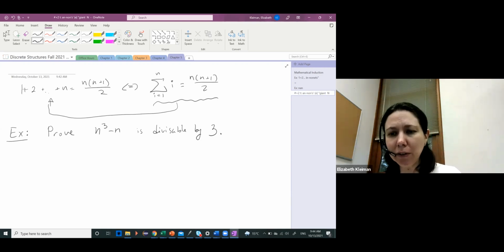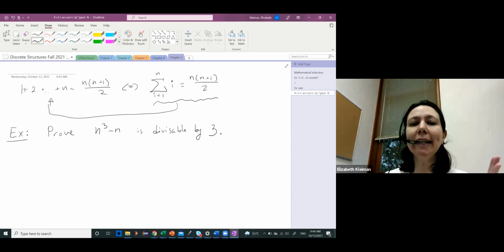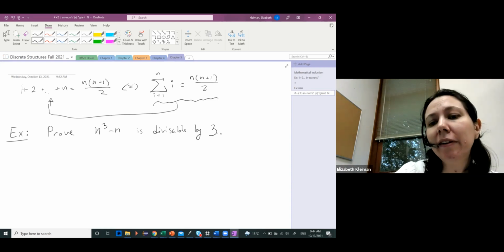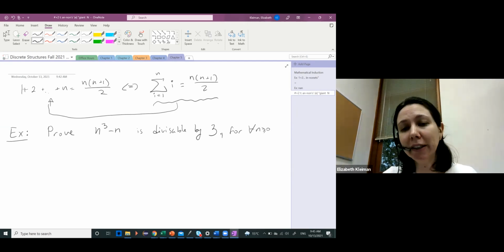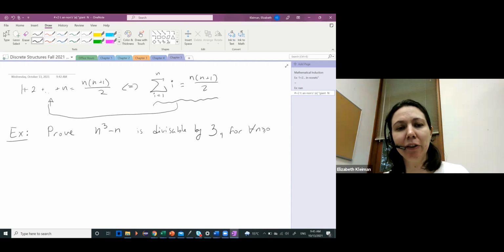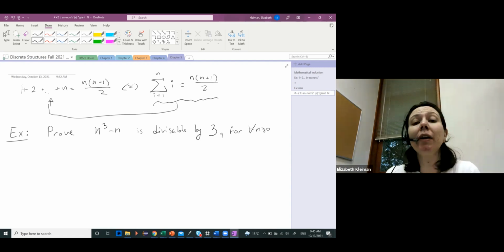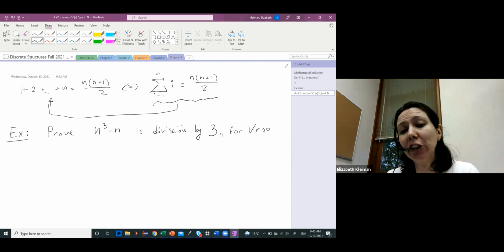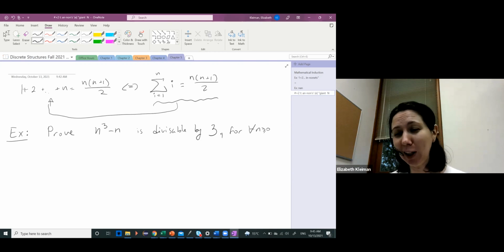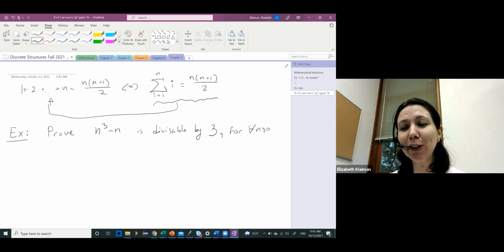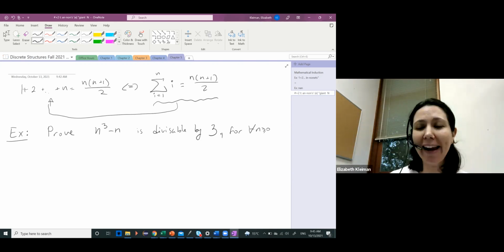The best way to do it is, since I have an n here and I want it for all n bigger or equal to 0, or bigger than 0, it doesn't really matter, to prove it by induction. This screams induction, because I want it for any n.